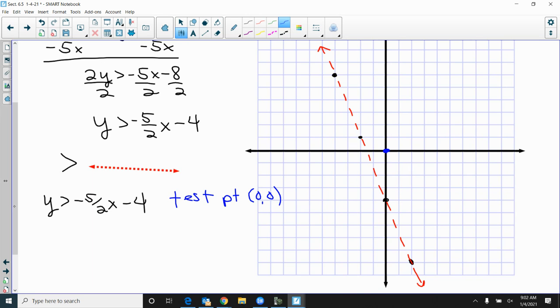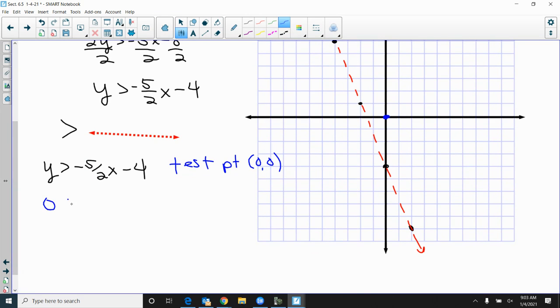Now plug those in. What do I get here? I get 0 is greater than negative 4. Is that true or false? Is 0 bigger than negative 4? Yes, true.